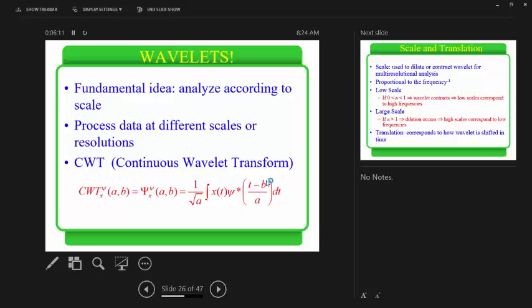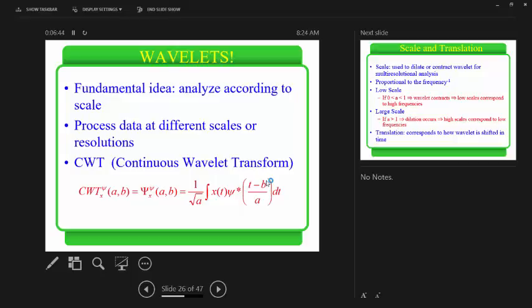So the mother wavelet will be in this position with respect to the original signal, and like this I am analyzing this part. By using this wavelet transform, I can make a localized analysis of the signal by changing the translation, and for each part of this signal, I can analyze different values of frequencies by changing the scale. So like this, I'm changing two things.